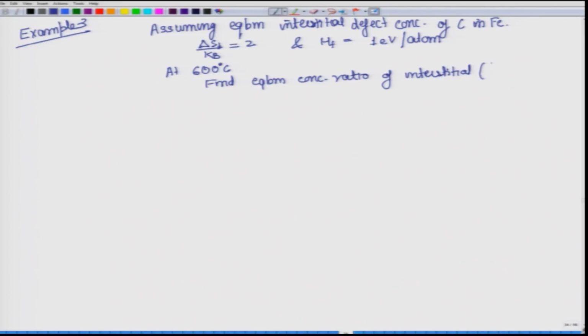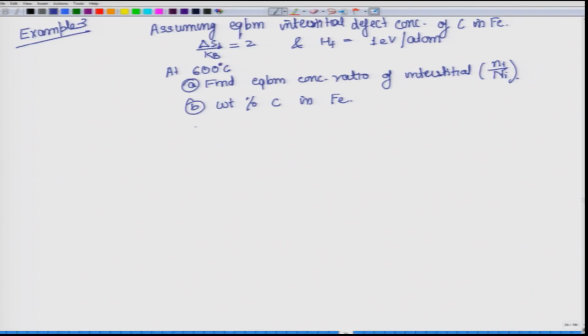That is, you have to find Ni by Ni, and second, you have to find the weight percent of carbon in Fe. So, basically you are finding the same thing, but putting it in different terms.